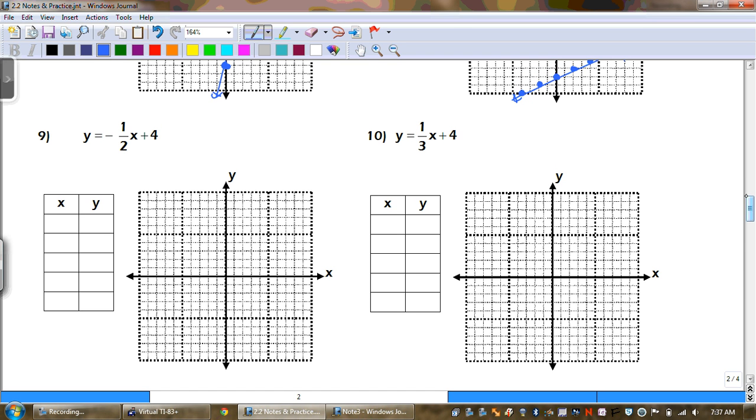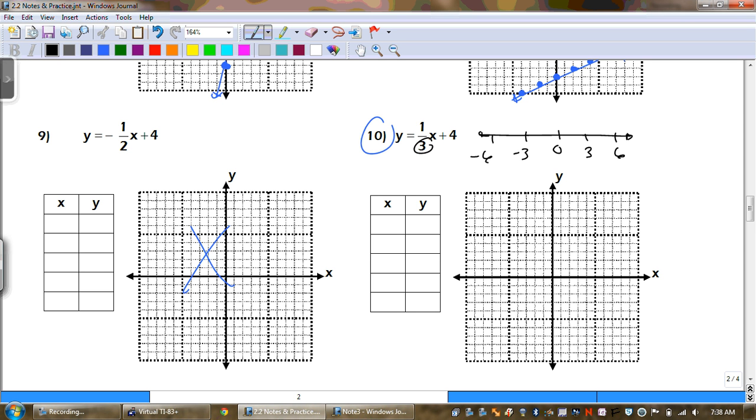All right. So we're going to skip number 9, and we're just going to focus on 10. Okay? So we've got 0. What should we count by? 3. So 3, 6, and then -3, -6.